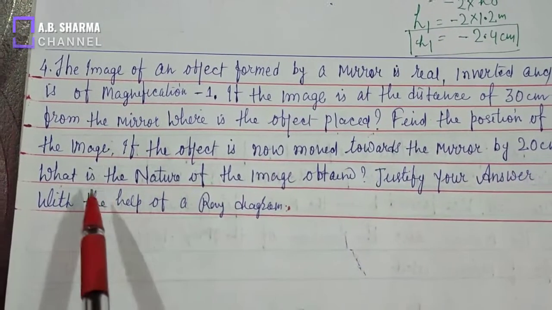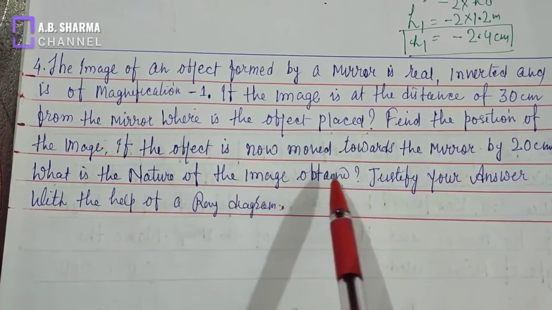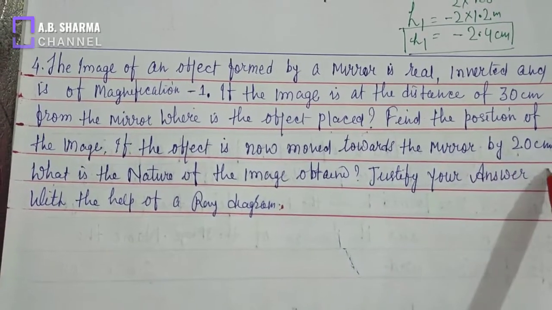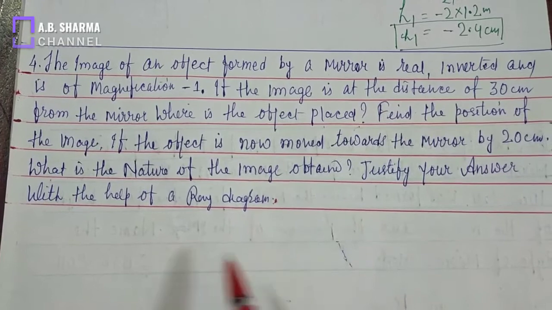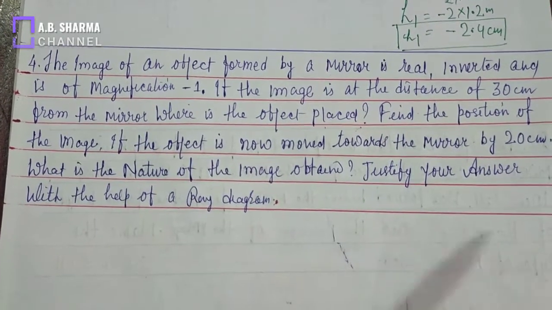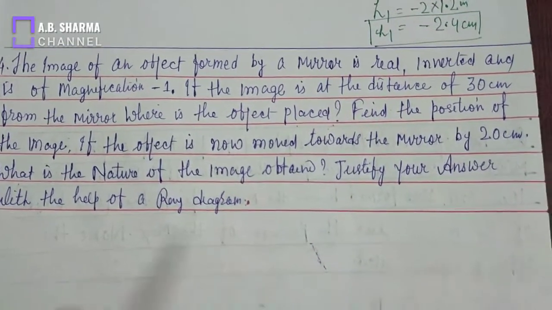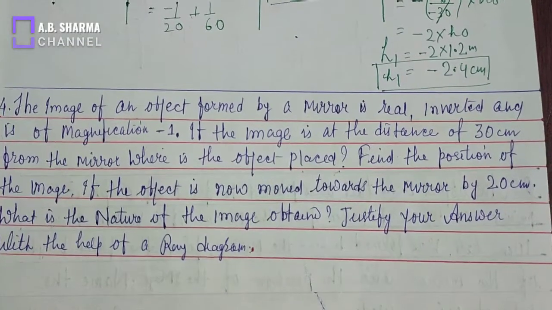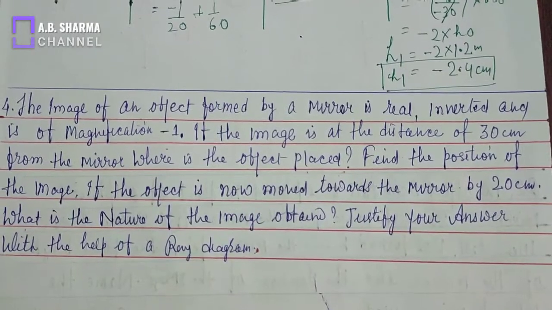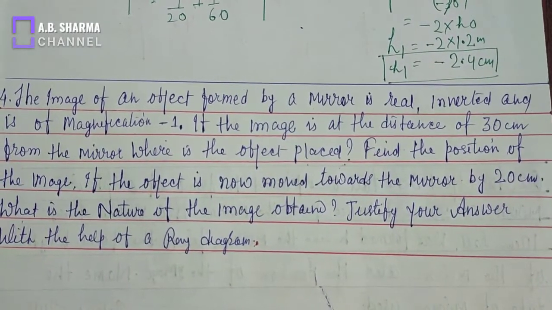Find the position of the image if the object is now moved towards the mirror by 20 cm. What is the nature of the image obtained? Justify your answer with the help of ray diagram. So first try to solve it by yourself by pausing the video. Now see the solution.